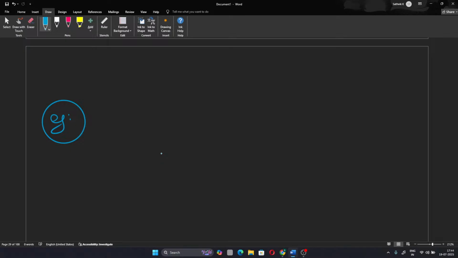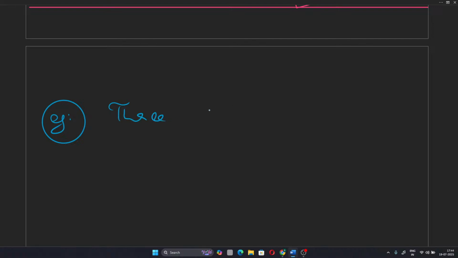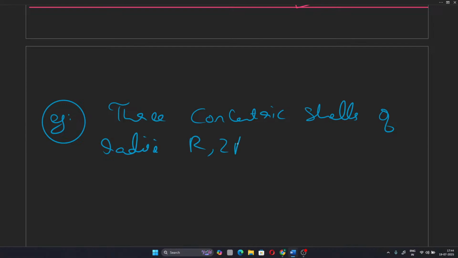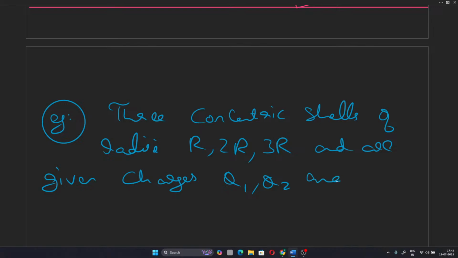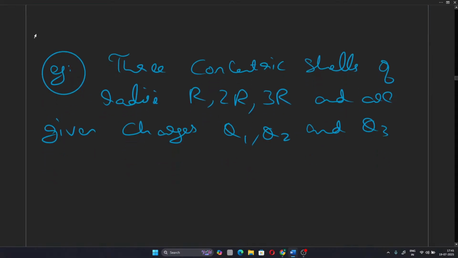Now the next question is, there are 3 concentric spherical shells of radius r, 2r, and 3r, and are given charges q1, q2, and q3 respectively.